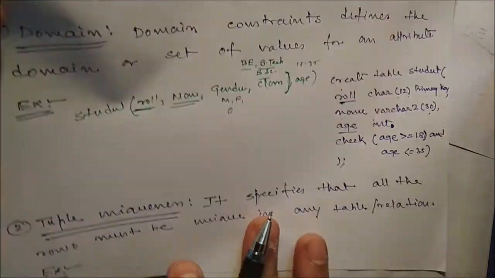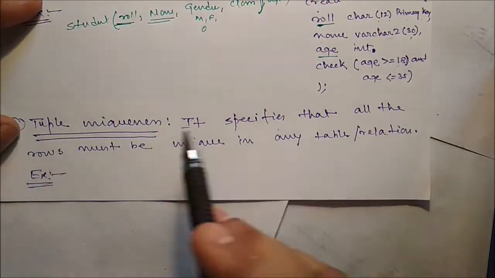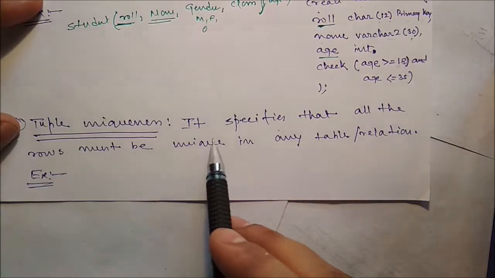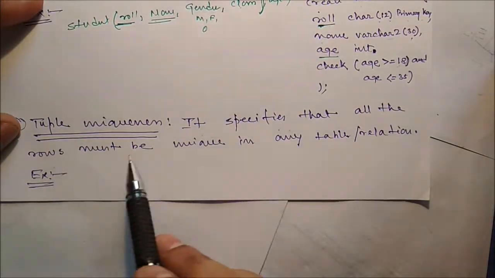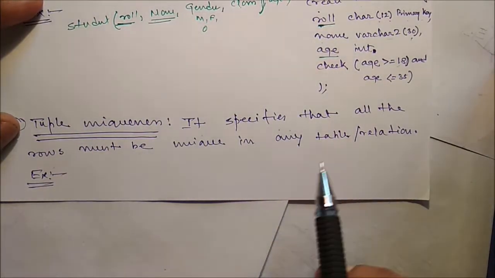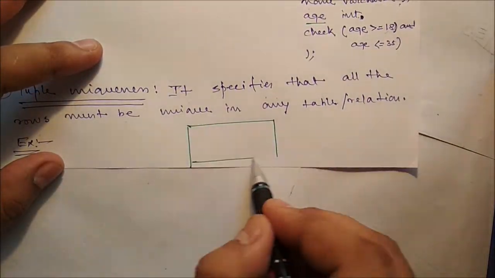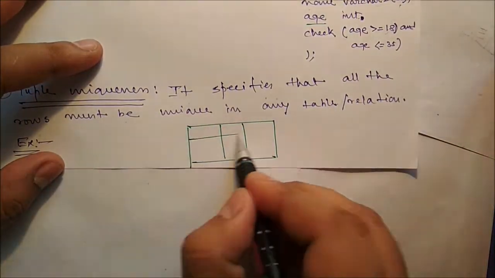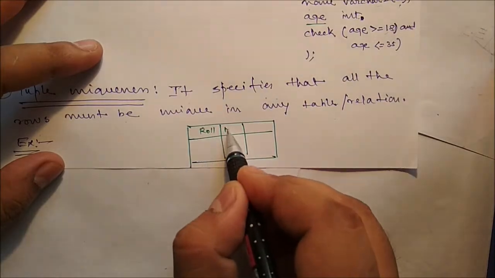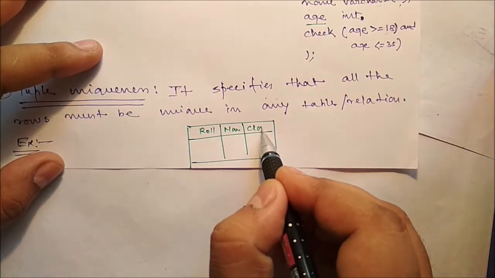Next is tuple uniqueness. Tuple means the rows. It specifies that all the rows must be unique in any table or relation. Suppose one student table is there with attributes roll number, name, and class.